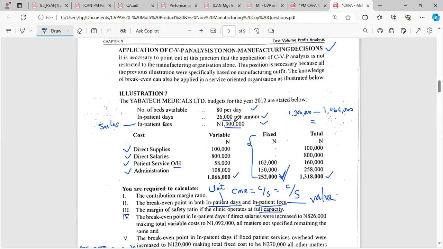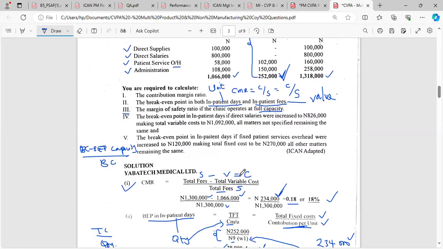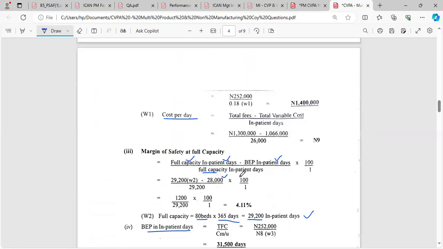Their inpatient days is 26,000 per annum, which means they did not use full capacity. If you multiply 365 by 80, they're supposed to use about 29,000 plus, but what they only used was just 26,000 days.